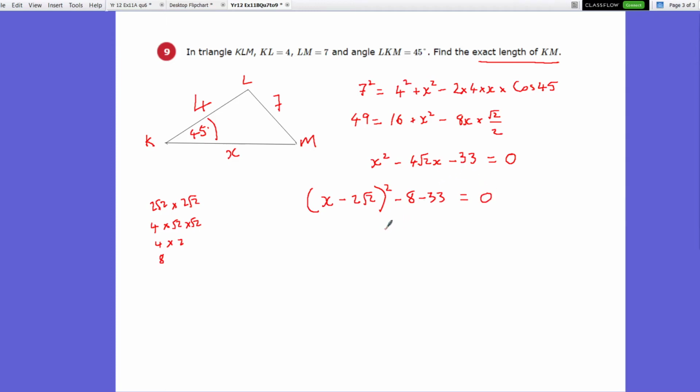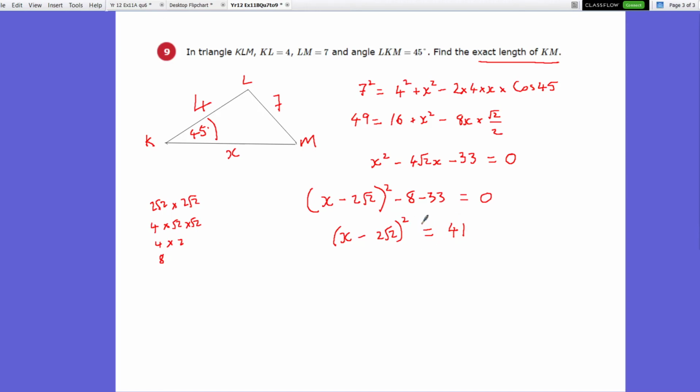Alright, now minus 8 minus 33 is going to be minus 41. So I'm going to take that minus 41 across as plus 41. So I'm going to get x minus 2 root 2, with the square outside, equals 41.